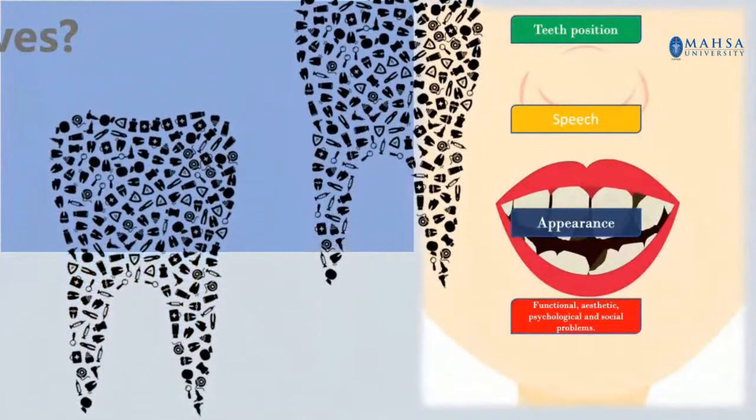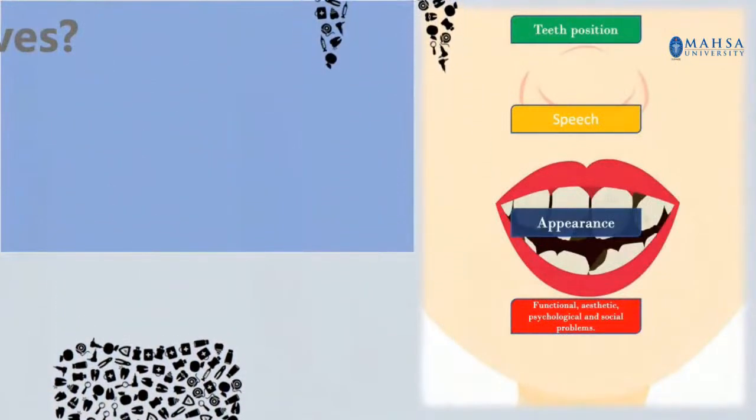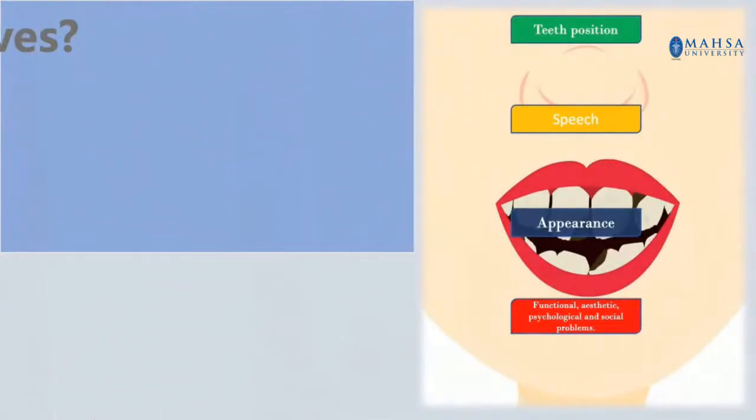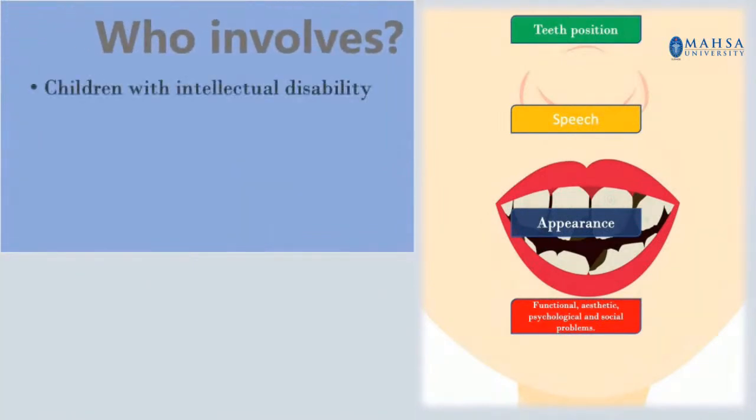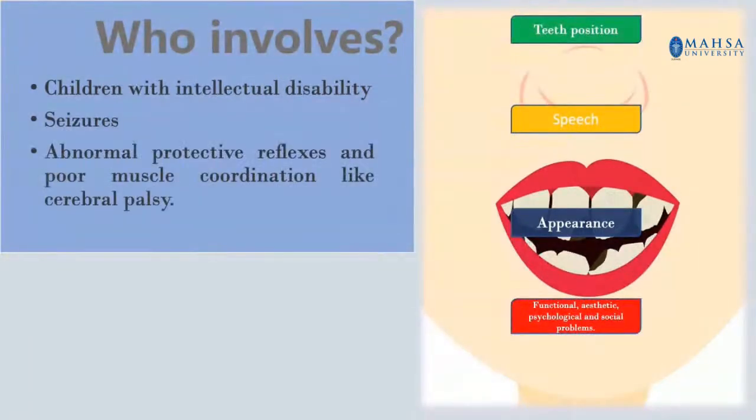Studies of traumatic dental injuries in special needs children have concentrated on individual types of medical diagnosis, such as children with intellectual disability, seizures, abnormal protective reflexes, and poor muscle coordination like cerebral palsy.